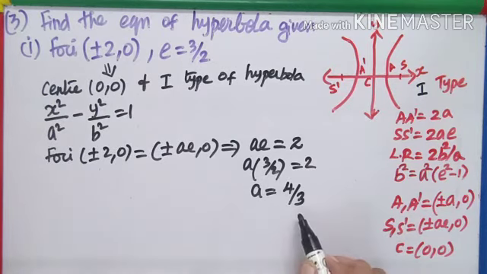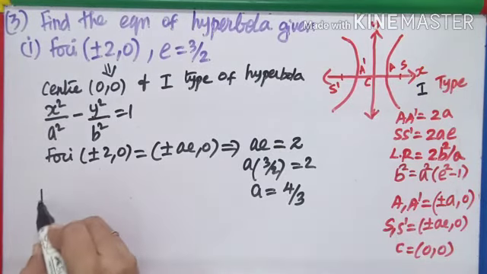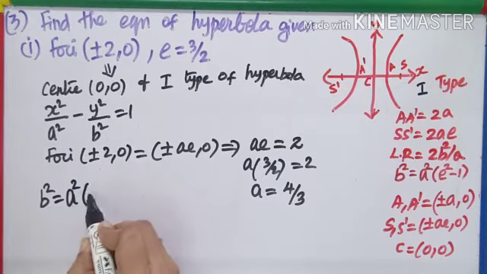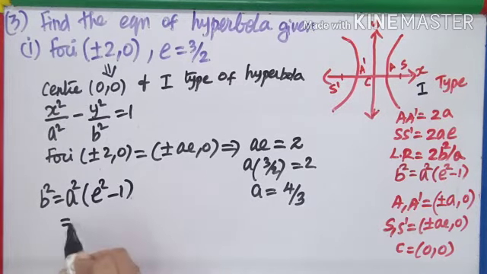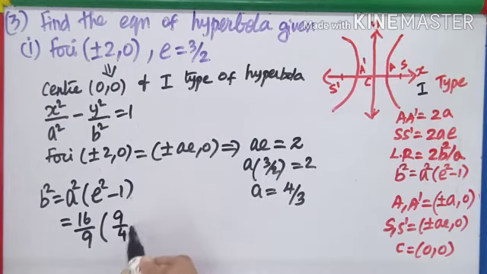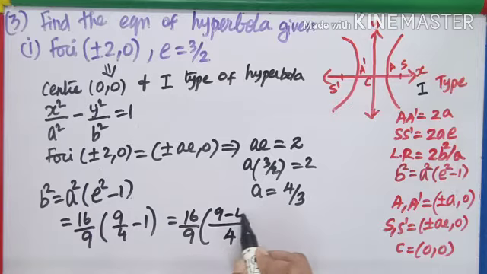Once I know A and E, I will immediately find out B square. What is the formula for B square? It is A square into E square minus 1. A square 16 by 9. E square is 9 by 4 minus 1. Taking LCM, it is 4, 9 minus 4.